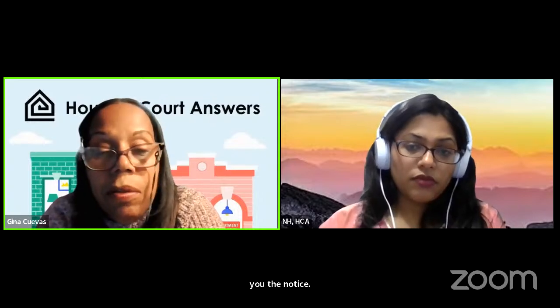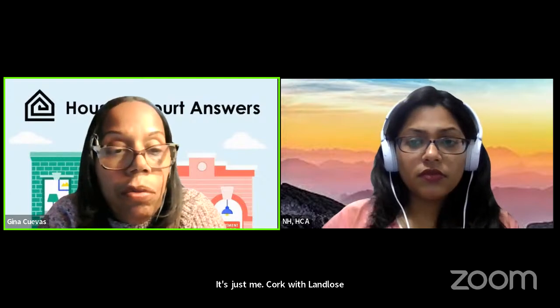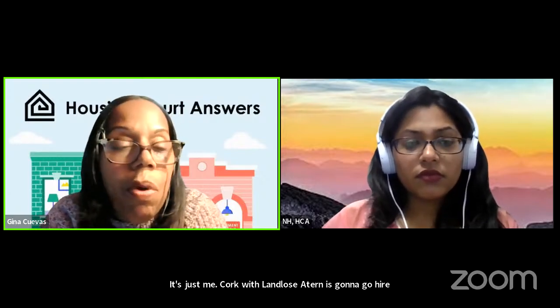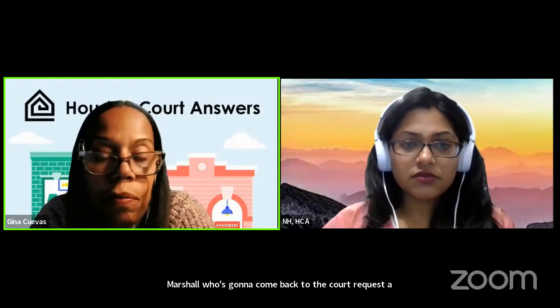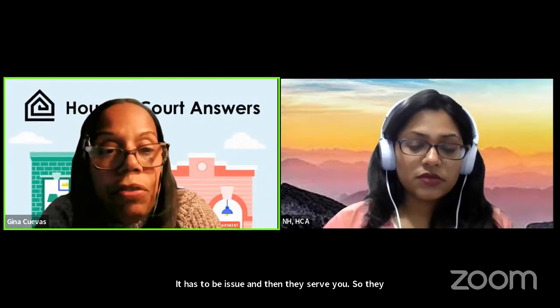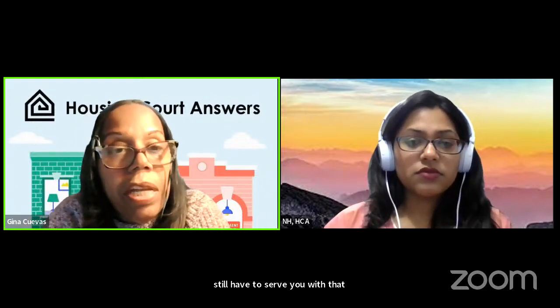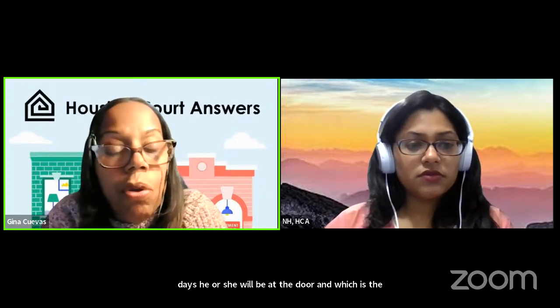It just means the landlord's attorney is going to hire a marshal who's going to come back to the court, request a warrant. It has to be reviewed, it has to be issued, and then they serve you. So they still have to serve you with that warrant, which is the notice of eviction, letting you know that within 14 days, he or she will be at the door, and the only way that can be stopped is by you going to court and doing an order to show cause.